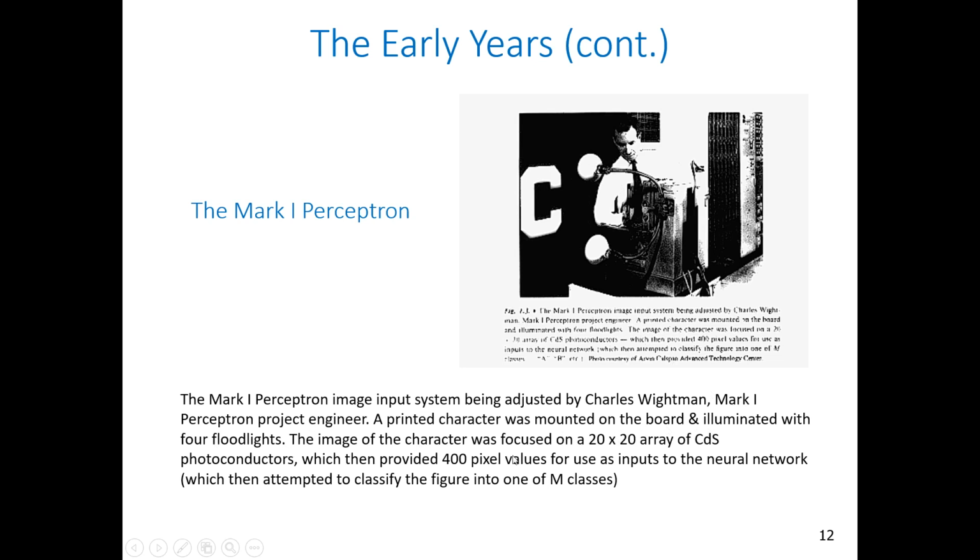The image of the character was focused on a 20 by 20 array of cadmium sulfide photoconductors, which then provided 400 pixel values for use as inputs to the neural network, which then attempted to classify the figure into one of M classes. So once again, you can clearly see this is a machine learning tool. It's used in this particular example to classify images.